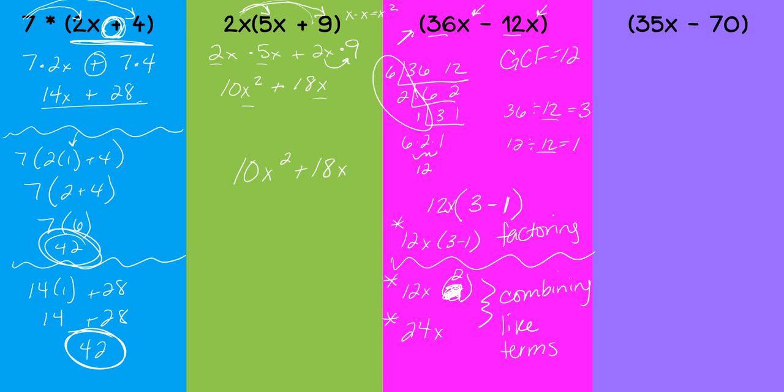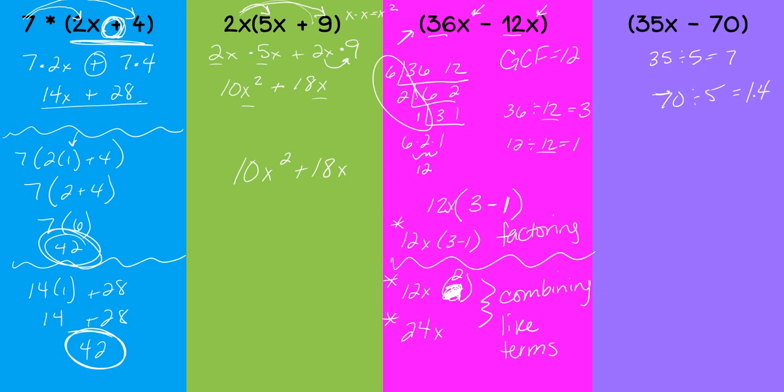All right, and then your last problem here that we're going to go over, we have 35x minus 70. So finding the common factor between 35 and 70, yes, we could say that it's 5, and say that 35 divided by 5 is 7. And then 70 divided by 5, so 5 goes into 7 one time, and I have 20 left over, so 4.